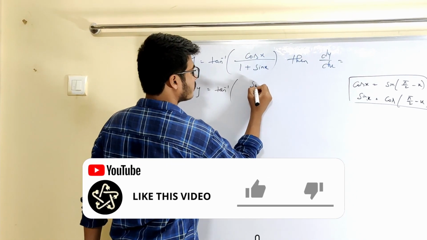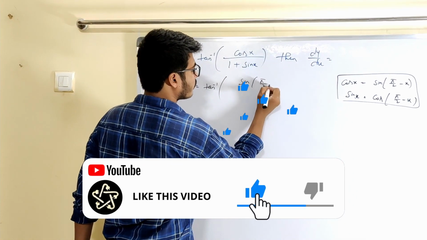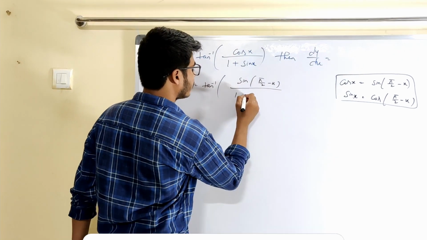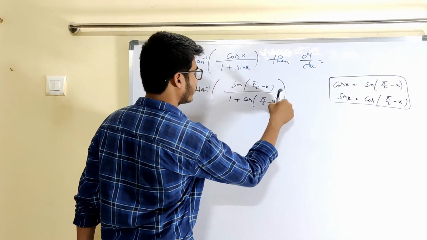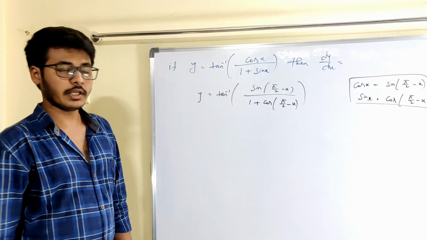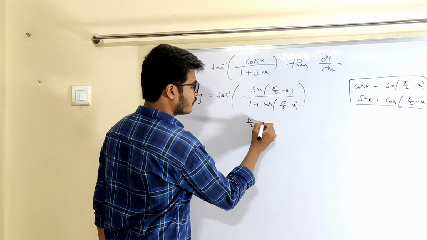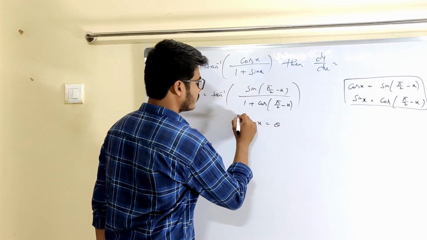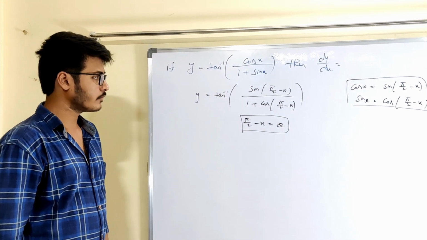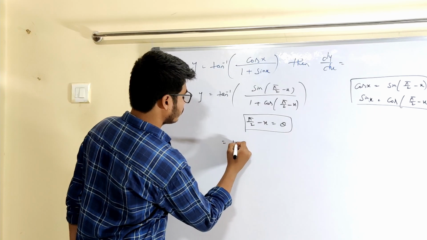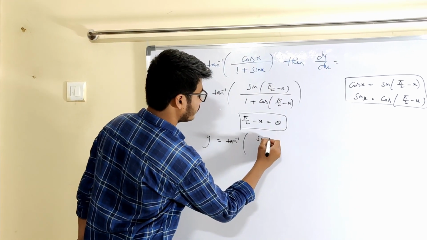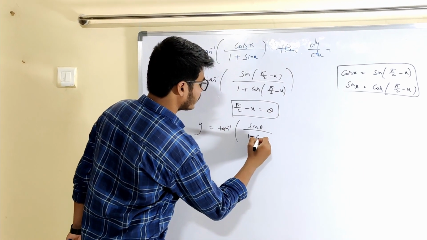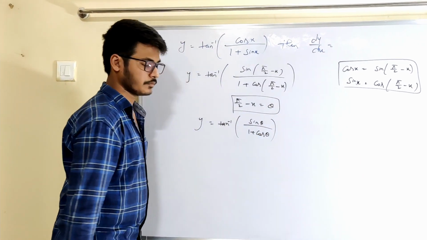So sin of (pi by 2 minus x) divided by 1 plus cos of (pi by 2 minus x). Now we take pi by 2 minus x is equal to theta. So y is equal to tan inverse of sin theta by (1 plus cos theta).